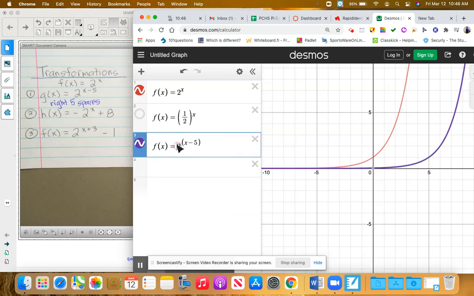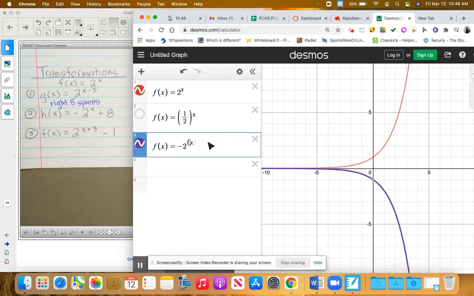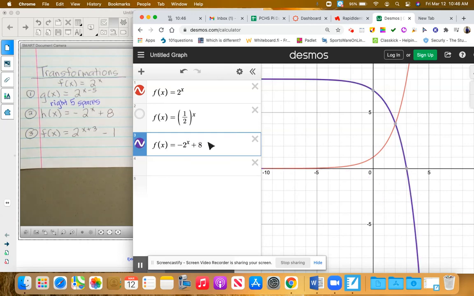Now let's take a look at number 2. So we're going to add a negative in the front here. This is going to be 2 to just the x power. So we'll get rid of this. And then on the outside, we're going to plus 8. A couple of things happen with this. Hopefully you remember the negative in the front is going to reflect it. And then this plus 8 on the outside moves it up 8 spaces.